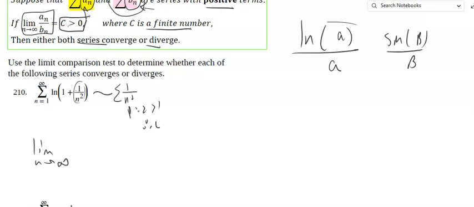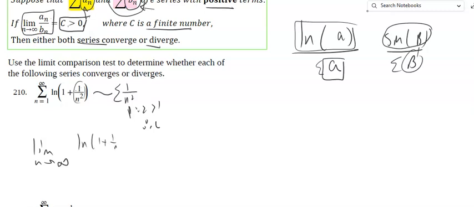So if this is the actual series, you want the series of the angles, so that when you divide them, you get 0 over 0, infinity over infinity, and you proceed from there. This is natural log of 1 plus 1 over n squared divided by 1 over n squared. That approaches 0 over 0, and that's the case.